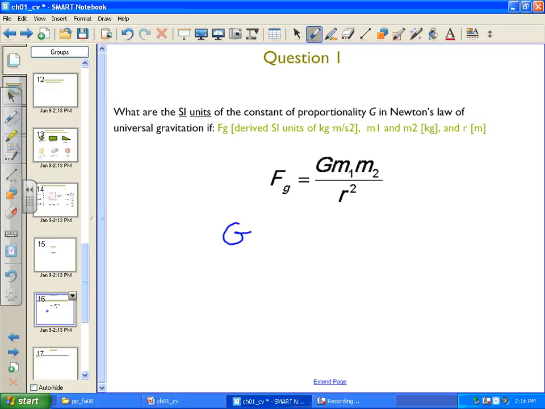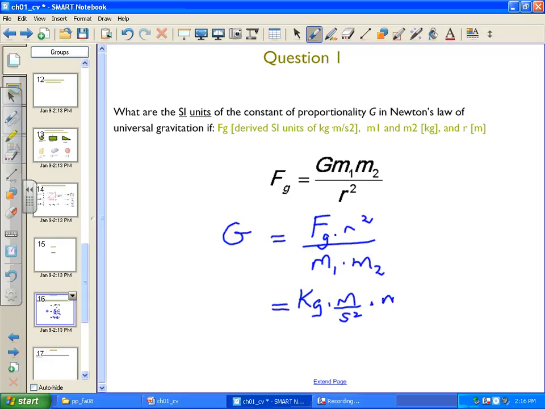So first, let's solve for the constant of proportionality G. And we see that G is equal to F sub G times R squared divided by M1 times M2. Now, let's solve for the units. F sub G is in kilogram times meter per second squared.